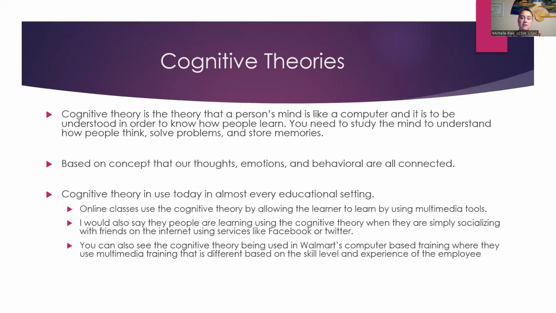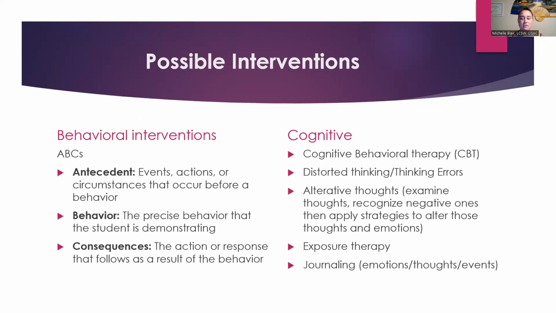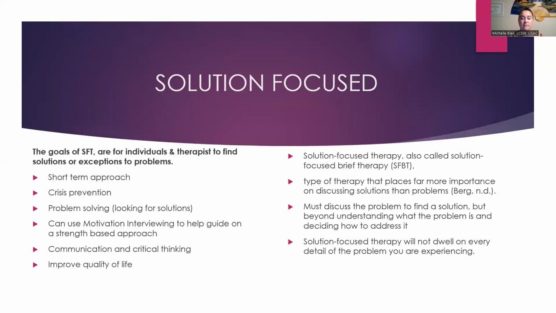With cognitive theories, I also like to add in body recognition and awareness, so we know how do I feel, and am I recognizing any certain sensations which are leading to those thoughts, emotions, or behavioral actions. Here are some behavioral interventions I've listed for you to look at, especially when doing your assignment.